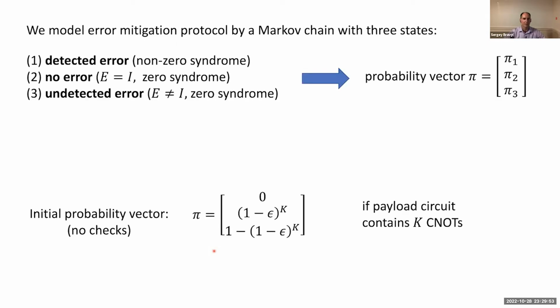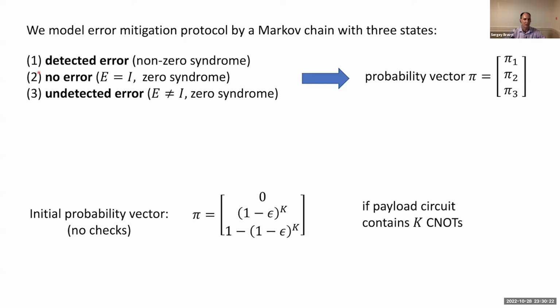So suppose we have already implemented some number of these Pauli checks. Then we shall end up in one of the following three states. State one means that at least one Pauli check has detected an error. In other words, we measured non-zero syndrome on at least one check.